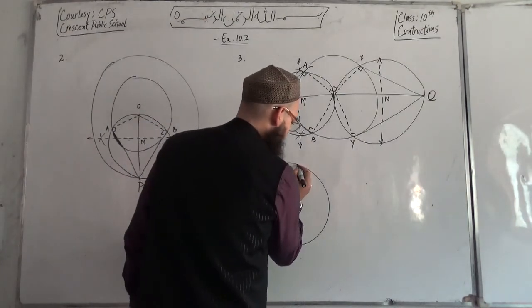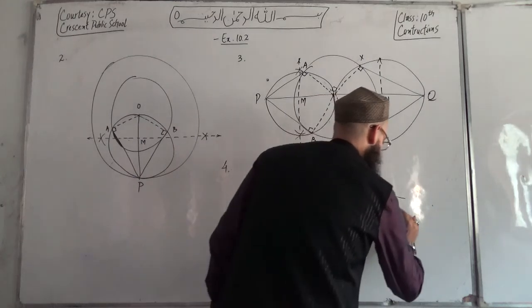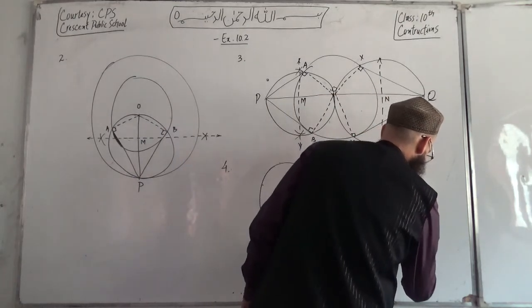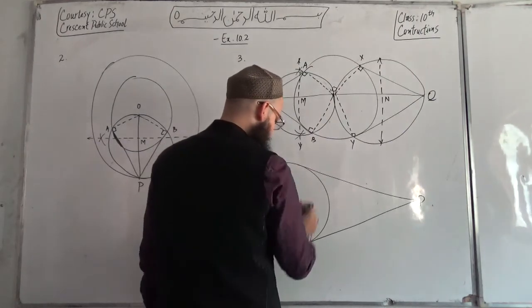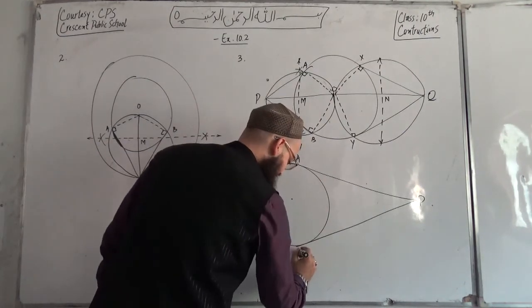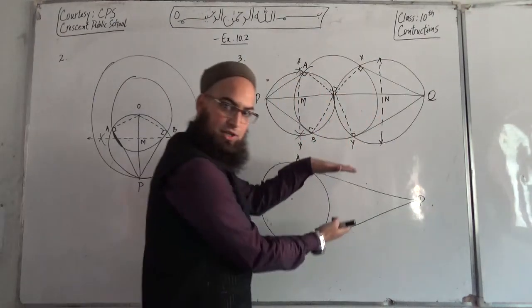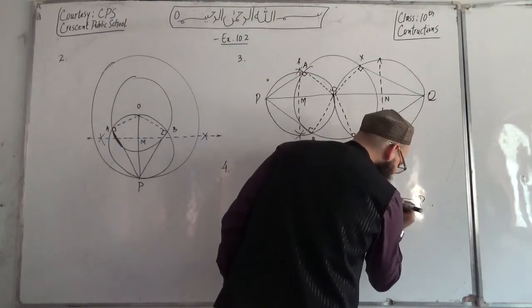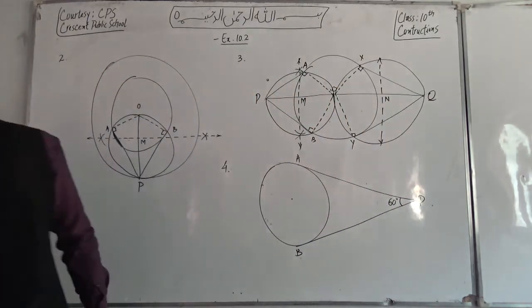It says draw a pair of tangents like this, like this. Let us say this is B, pair of tangents, say A, B. And it says that the inclination of these two tangents is 60 degree. You need to draw this.